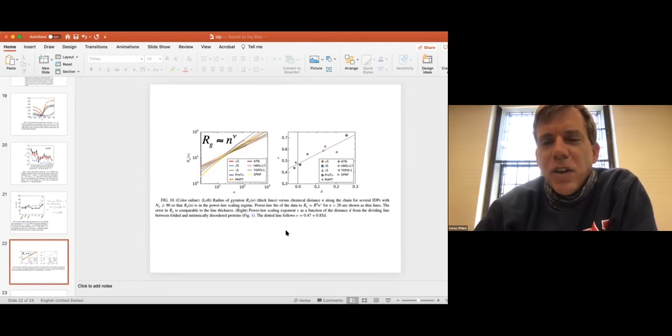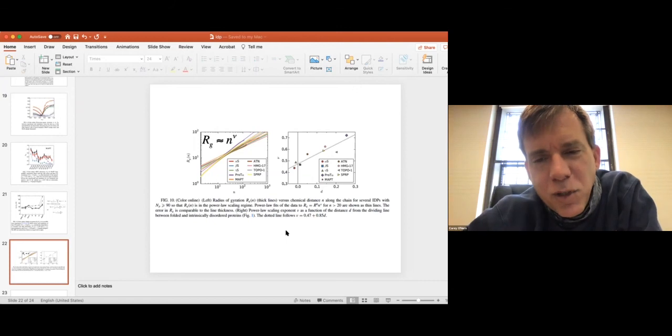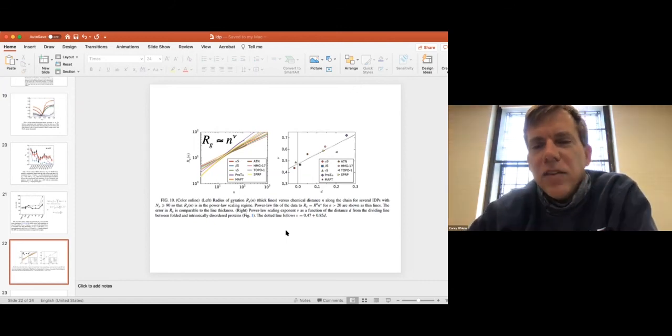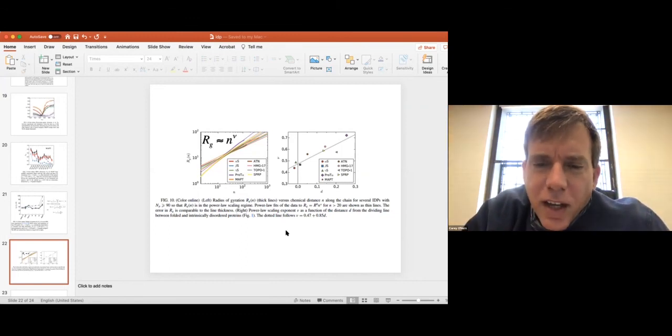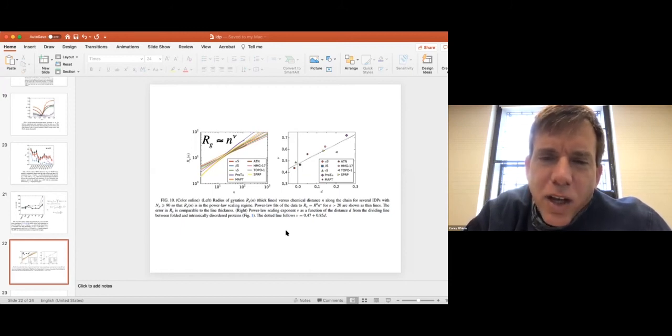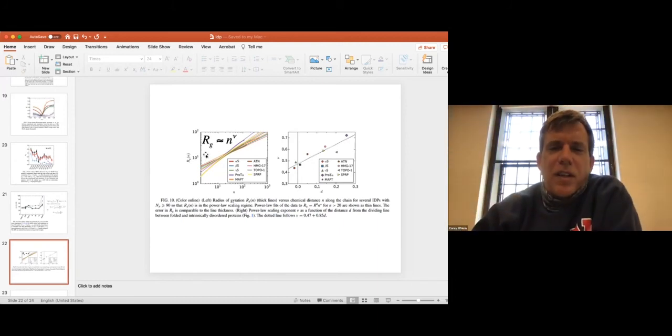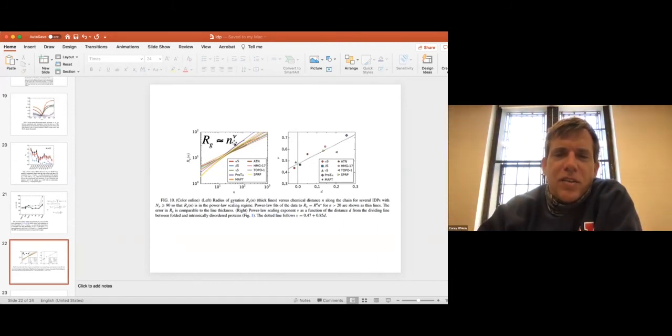And I plot that for a lot of different intrinsically disordered proteins on the left panel. So what you see is that the proteins have different what's called scaling. So I plotted this on a log-log plot. So if I have RG goes as n to the nu, then what you can do is take the log of both sides.